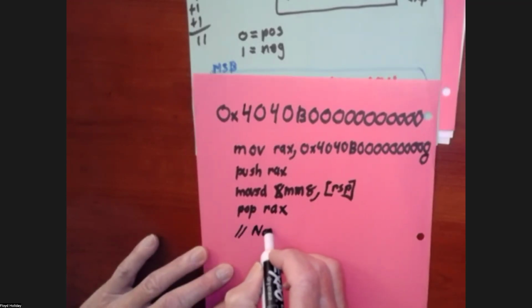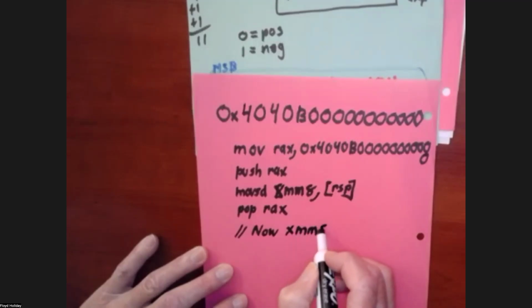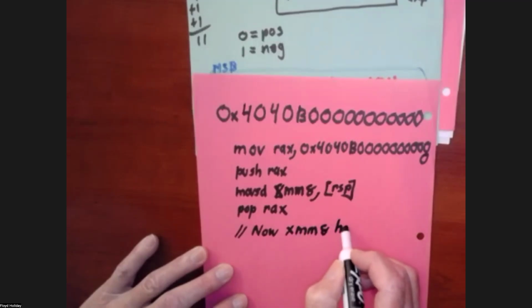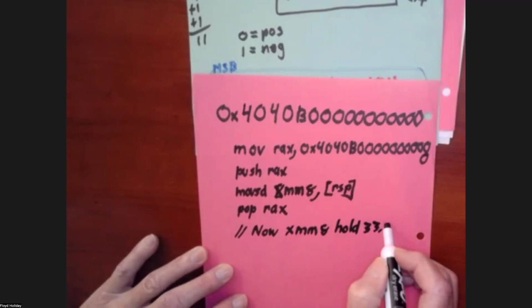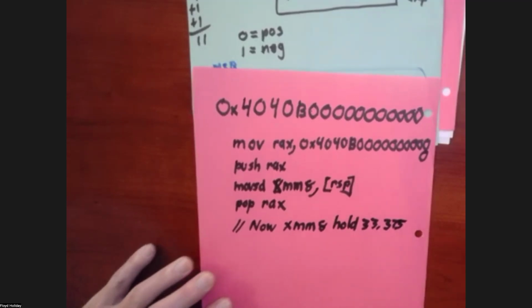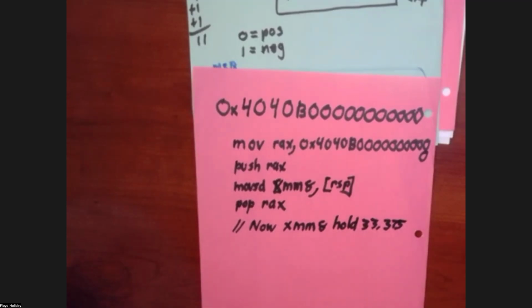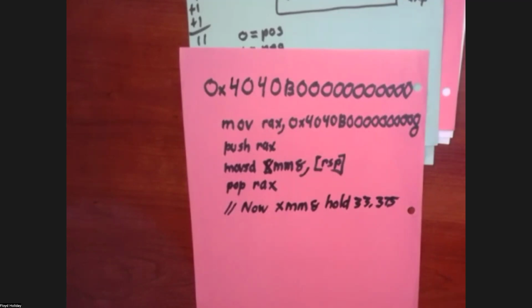Now XMM8 holds 33.375. And for numbers placed in XMM registers, it doesn't work if you don't do it this way.